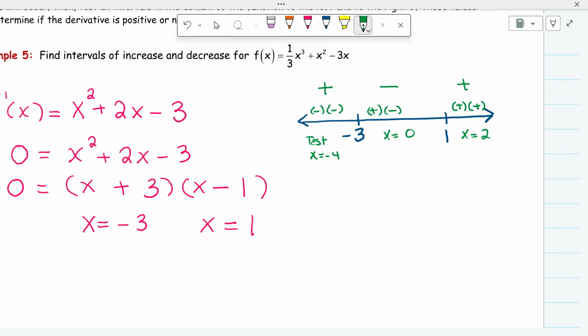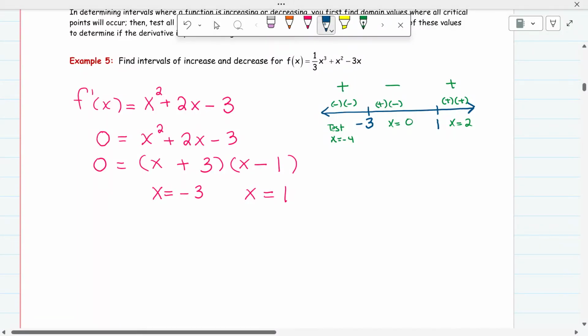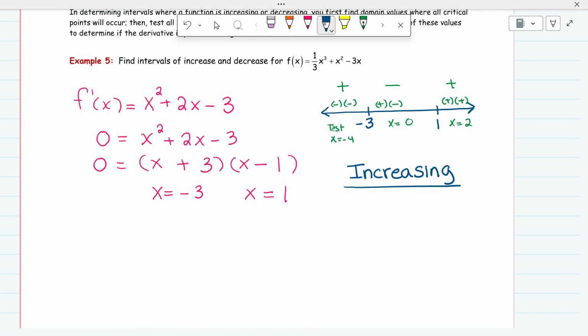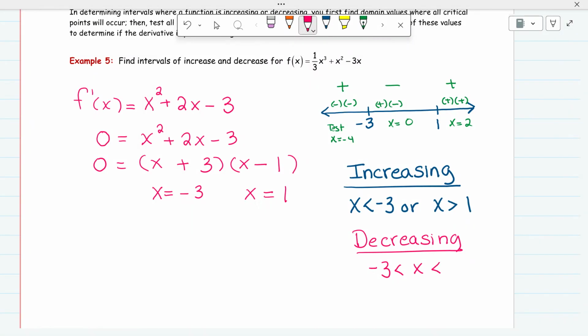So what this says is, right, the graph is increasing from negative infinity to negative 3, or where x is less than negative 3, or x is greater than 1, and it's decreasing between negative 3 and 1.